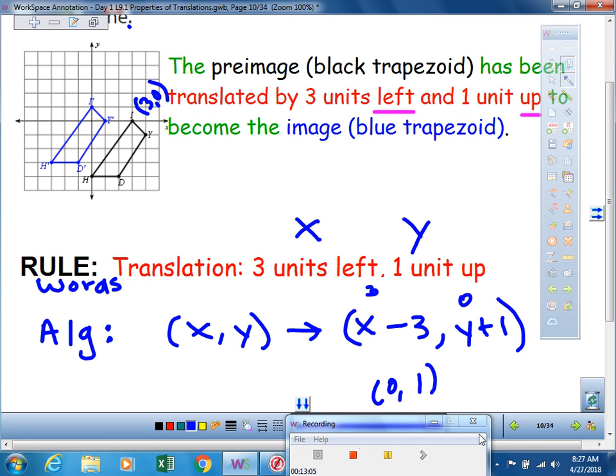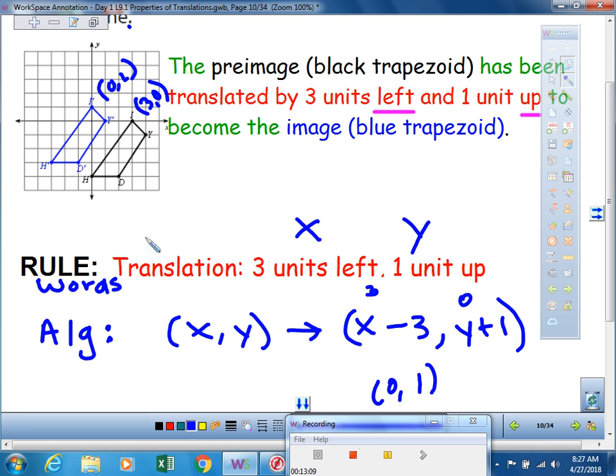This should be my new ordered pair of I prime. Is this 0, 1? So that's what your algebraic rule is telling you. It's telling you for an ordered pair on your pre-image, subtract 3 from the x's, add 1 to the y's.